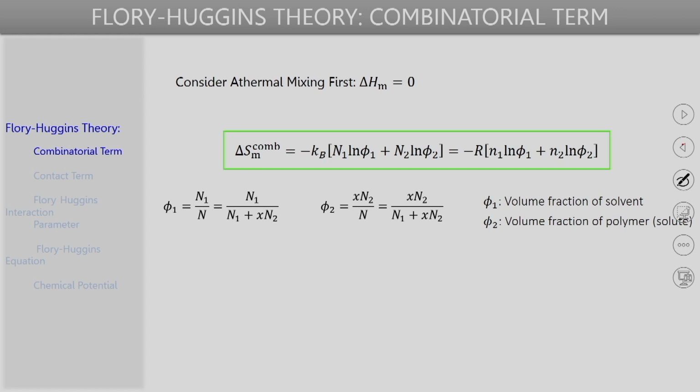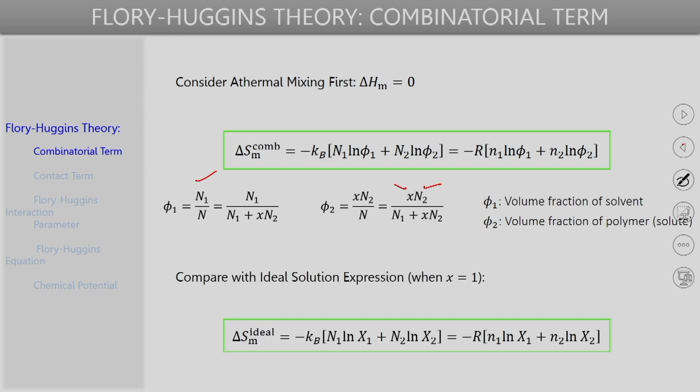In terms of the number of molecules of the solvent, N1, the number of molecules of the polymer, N2, and the number of segments per polymer chain, X, one can define these volume fractions, and these are what appear in the combinatorial entropy term.